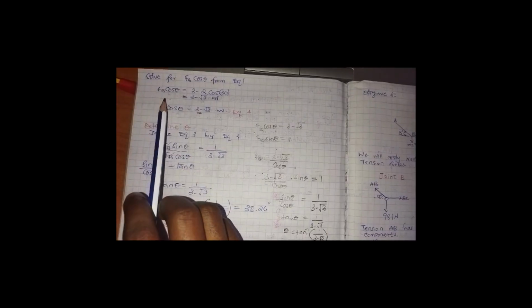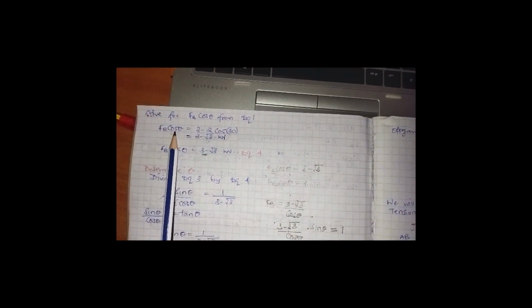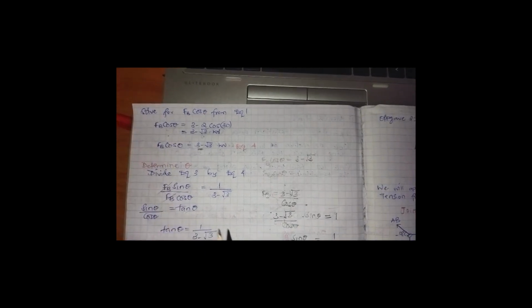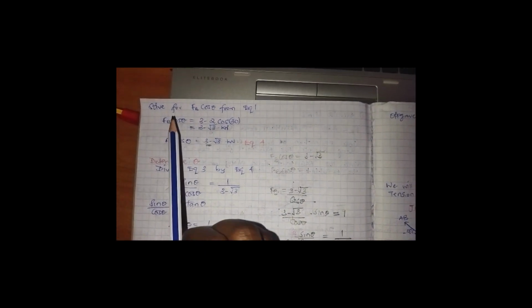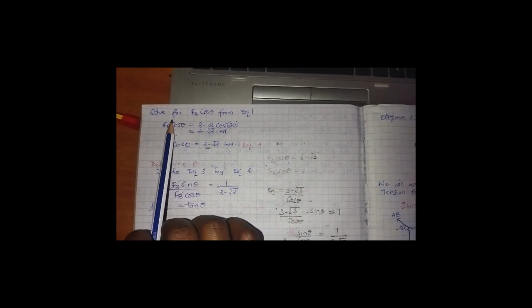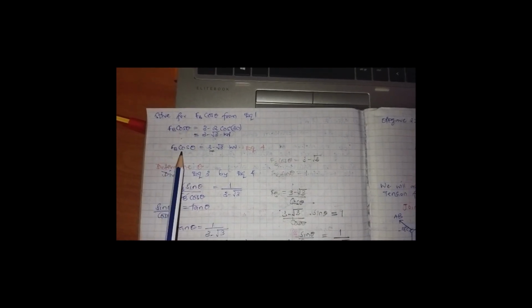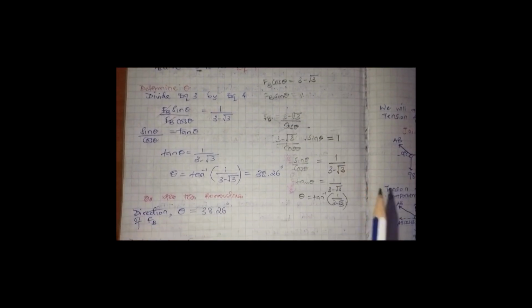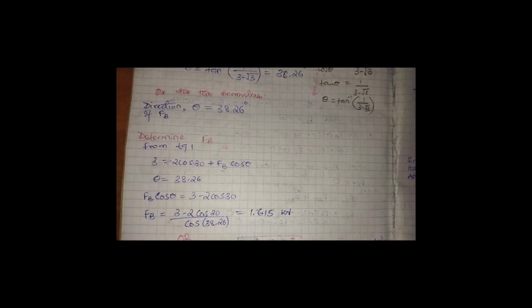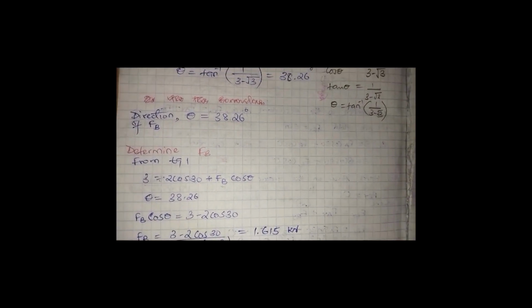FB here, you can substitute the value of theta here, the 8.26. So this value divided by cos theta, you get FB. So whichever the equation that you're going to adopt for you to solve the FB, doesn't matter. It will always lead you to getting the correct value of FB.